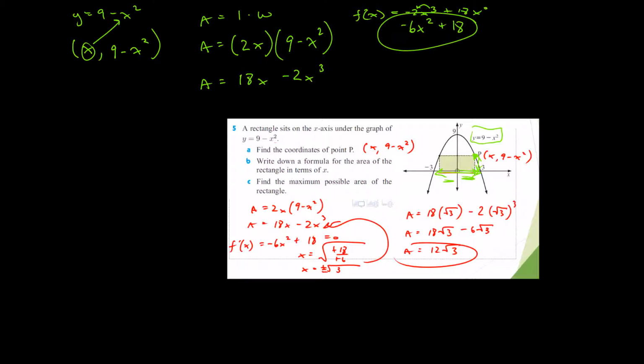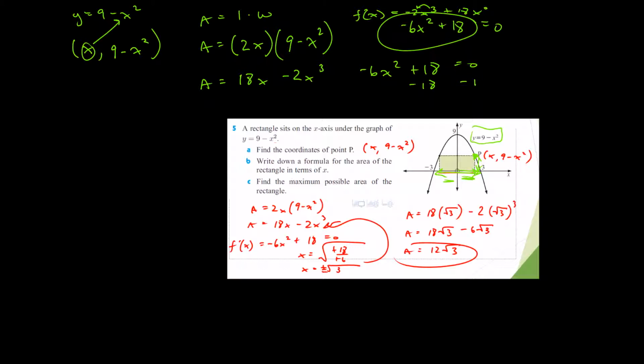Now, this is not our maximum value. At this point, we're going to take this and set it equal to 0. All it is is the derivative. Remember, when the derivative is 0, we have either a maximum or a minimum happening. So let's set it equal to 0, and we can solve the same old way we've been doing these.